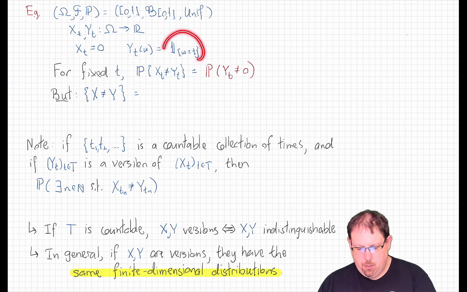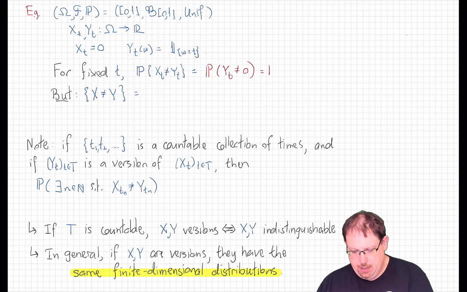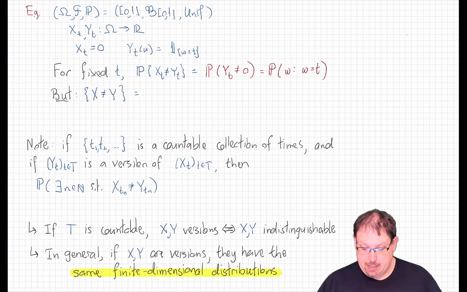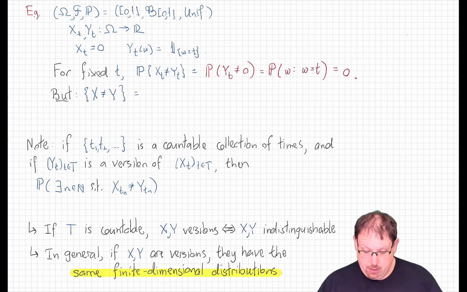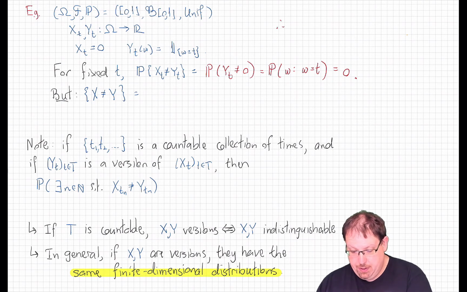Well, we see where Yt is not equal to 0. This is the probability of the set of all omega where omega equals t. That is, it's the Lebesgue measure of the singleton point t, which has probability 0. And so that shows us that, therefore, Xt and Yt are versions of each other.